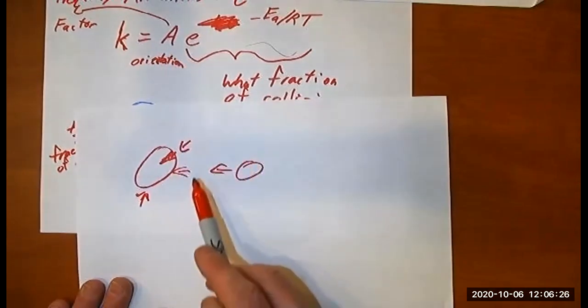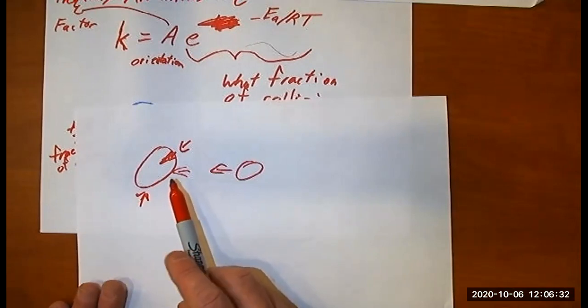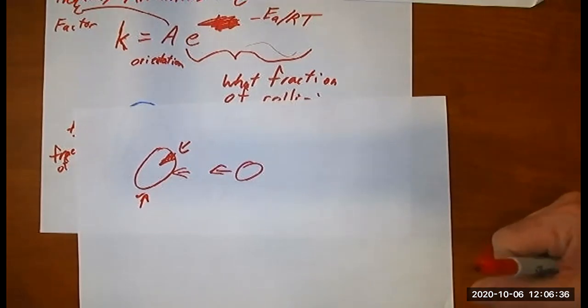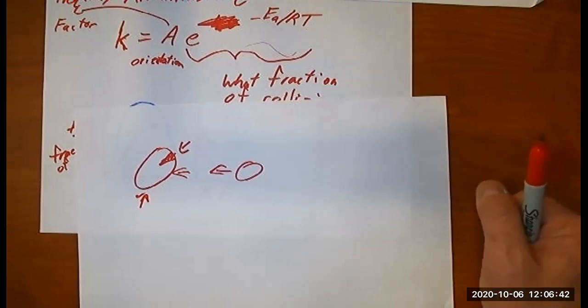If there are very, very few mutual orientations for the collision that can lead to a reaction, then A is going to be very small. If almost any mutual orientation will work, then A will be very large.